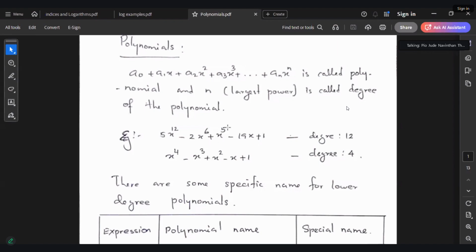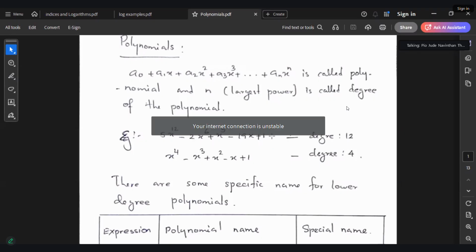Okay, plus x to the power 5. 5 is also a lesser value, right? Minus 19x, x to the power 1. Plus our constant a0, here it is minus 19, with the sign we have to say.